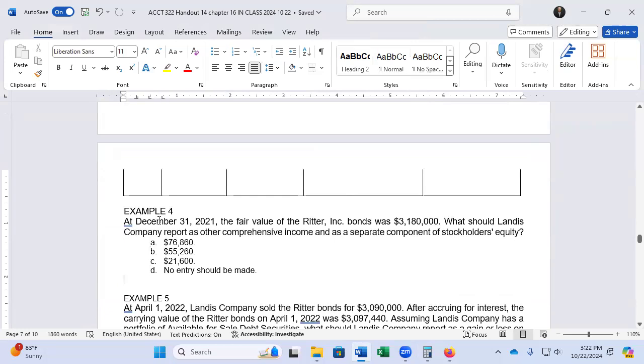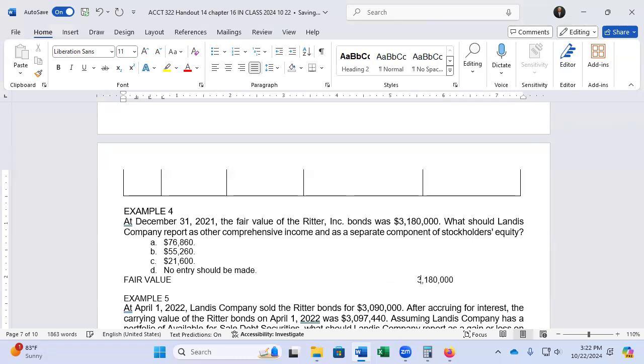Okay, so we've set that up for you. And it says, at December 31st, 2021, the fair value of the Ritter bonds was 3,180,000. What should Landis Company report as other comprehensive income and as a separate component of stockholders' equity? And so the way you look at it now is you say, okay, here's the fair value, 3,180,000.